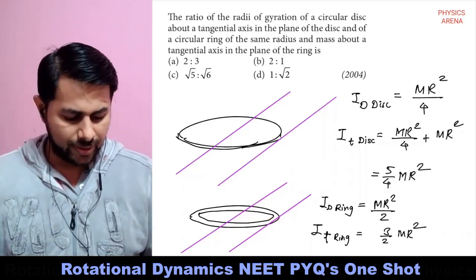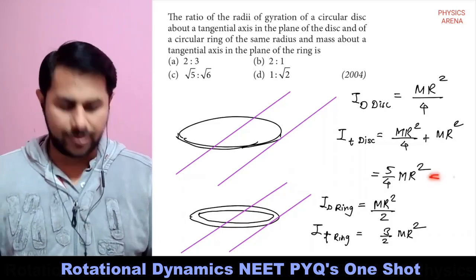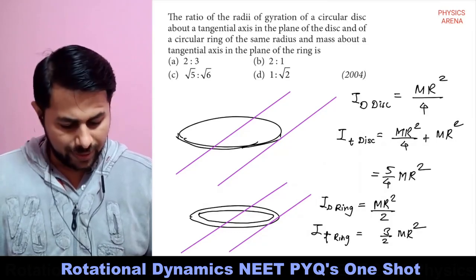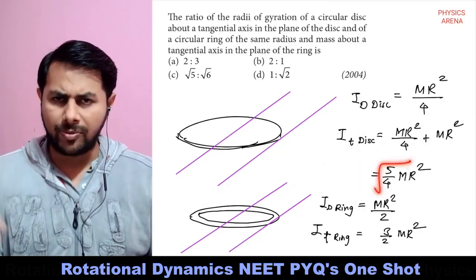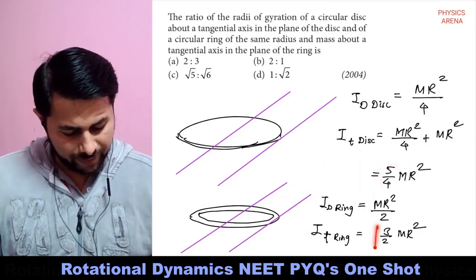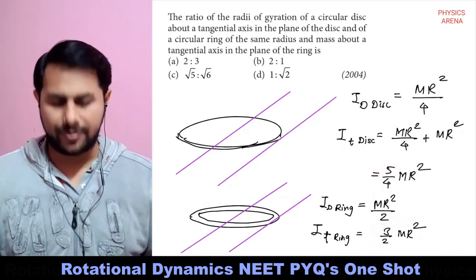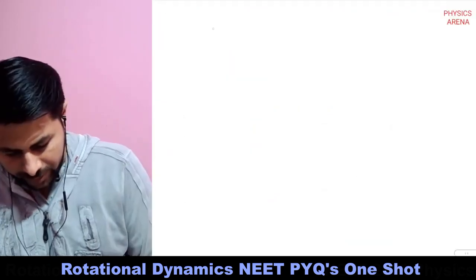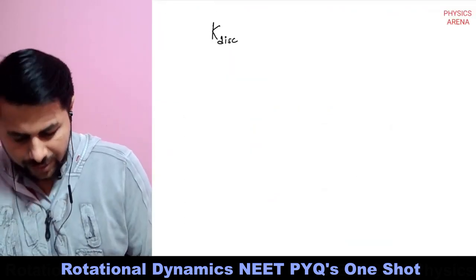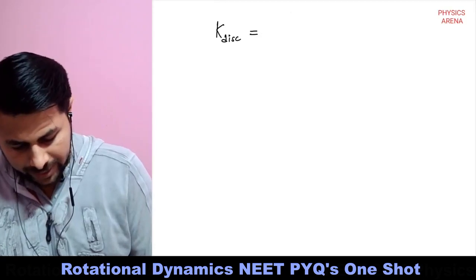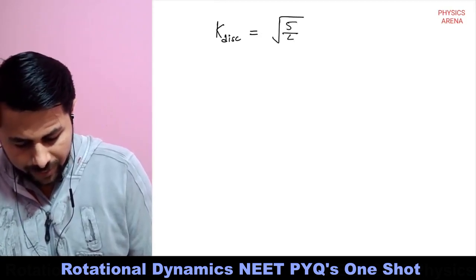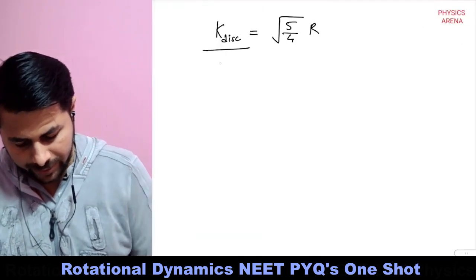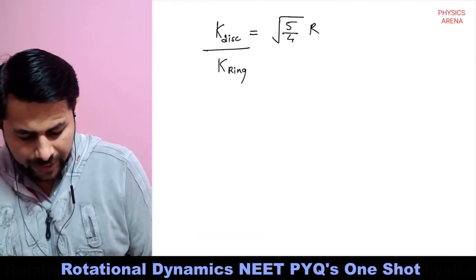Then you can equate this to mk square, and find out radius of gyration. So here it will be root of 5 by 4 r, and here it will be root of 3 by 2 r. So k for disk about the tangential axis is equal to square root of 5 by 4 r. We want ratio of k for disk to k for ring about the tangential axis.